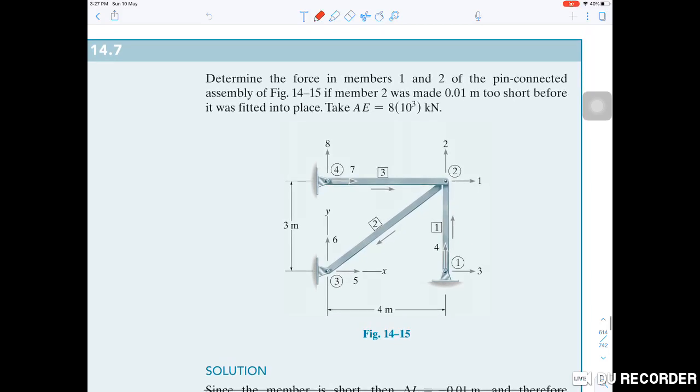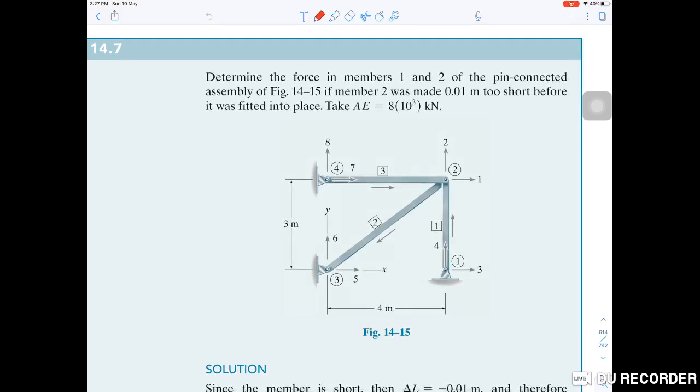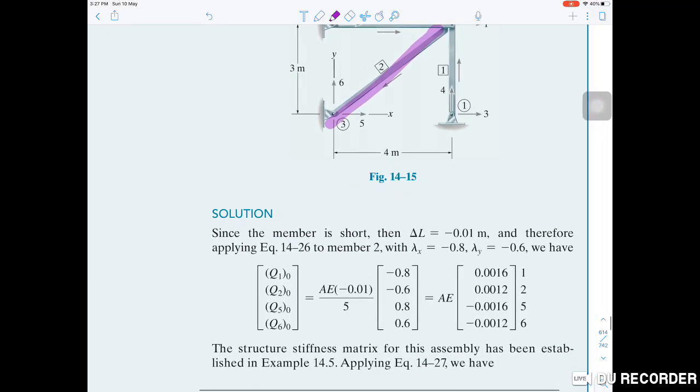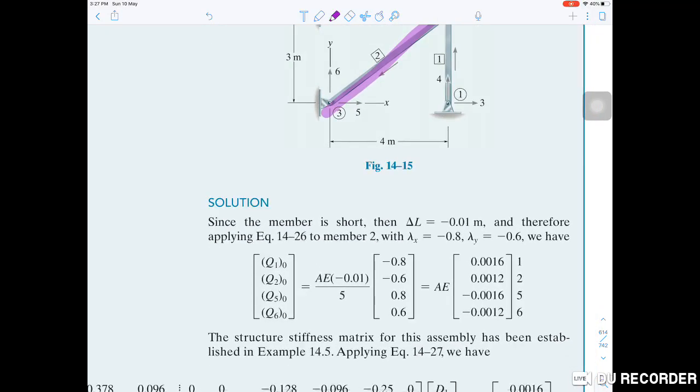Okay, this is member 2 was made 0.01 meter too short. Shorter means negative.